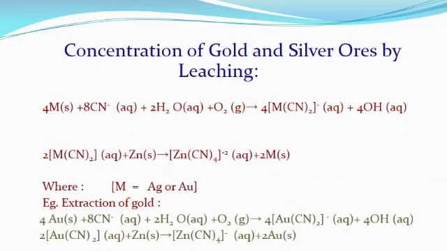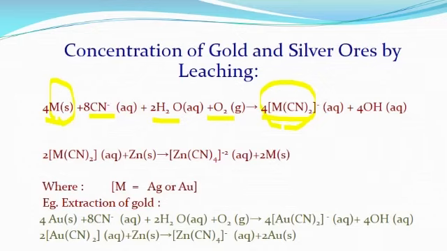First, we take impure metal. Here the impure metal is either gold or silver. This impure metal reacts with sodium cyanide, water and oxygen to form a coordination complex. About this complex you will study in the 9th chapter of class 12th.